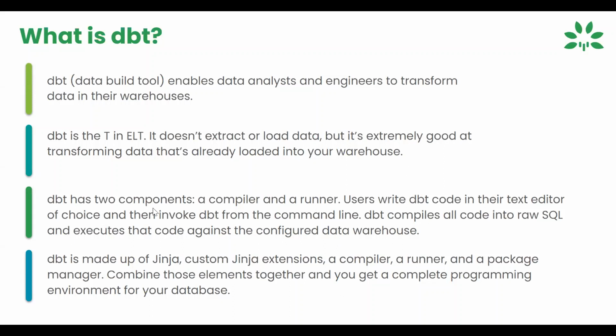So it has two components, a compiler and a runner, wherein when you write the code, it will compile it into the raw SQL, and then it will execute the code against whatever. So you will have to run the code against something, right? Because you're trying to transform the data on a data warehouse or a database.